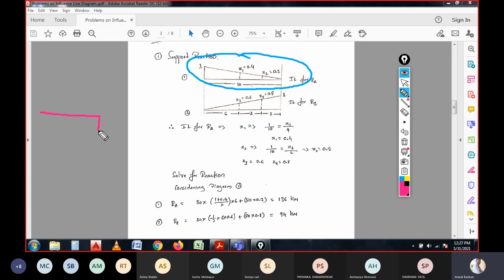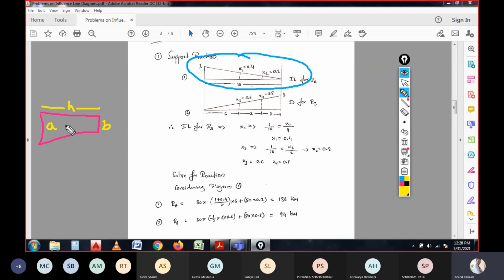See, if you consider the diagram, say the sides are B and A, and it is an edge.